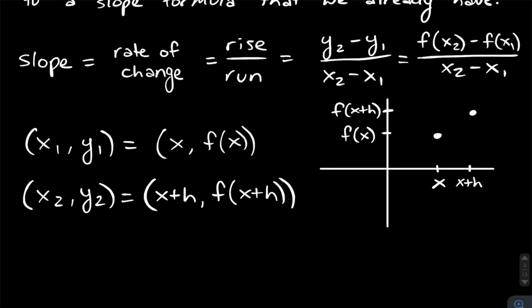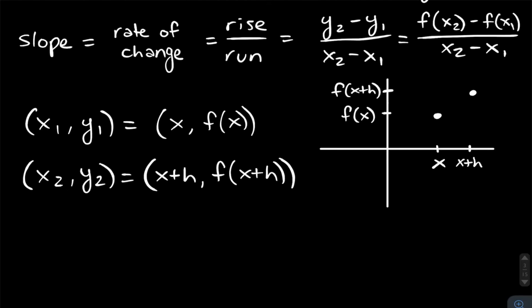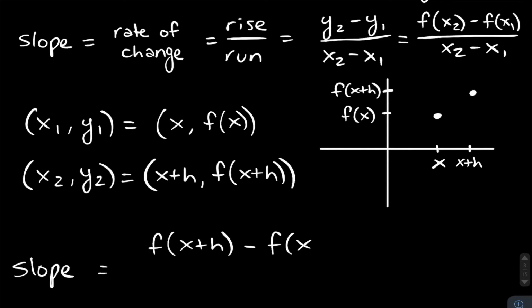And I promise this is going somewhere. We're almost done here. Now what we're going to do is plug these points into the slope formula from before. What are our 2 y points? Well, they are f of x plus h and f of x. And so our slope is going to equal f of x plus h, that's our y2, and then our y1 is f of x.